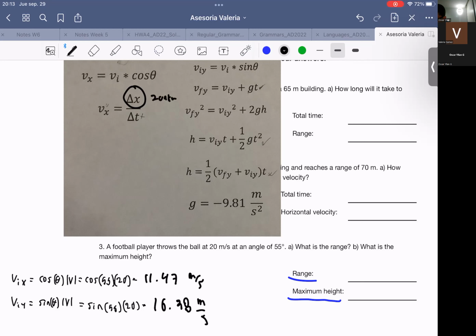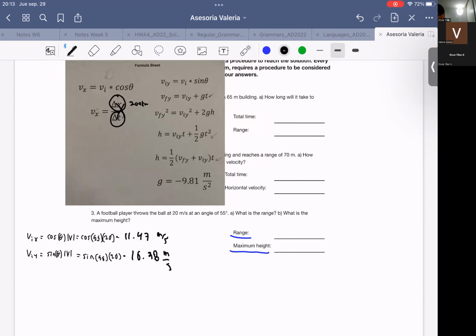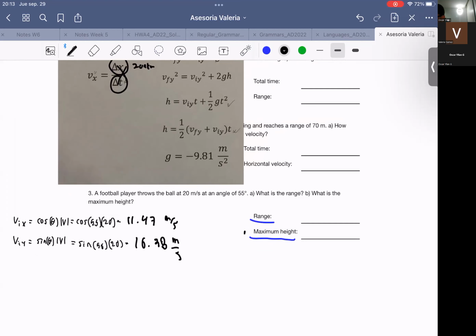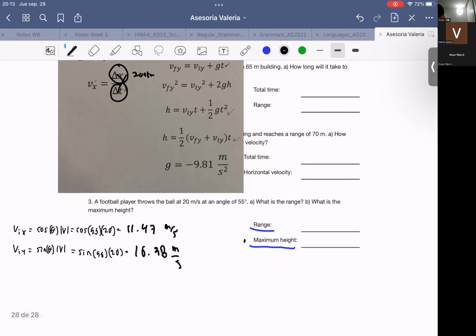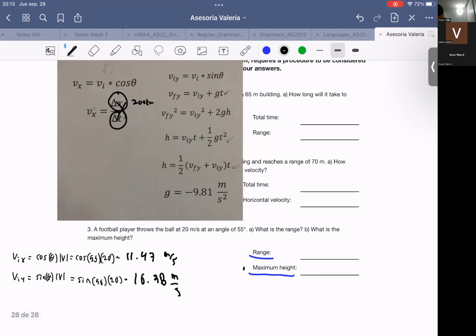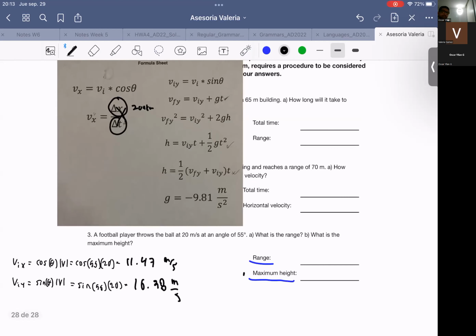We don't know the range and we don't know the time, so we cannot use this one yet. So maybe let's go with the maximum height. The maximum height, if you remember, that's why it's really important, the definition, the concept.